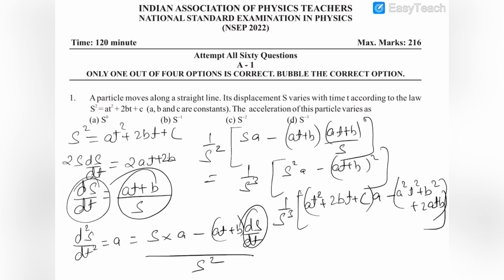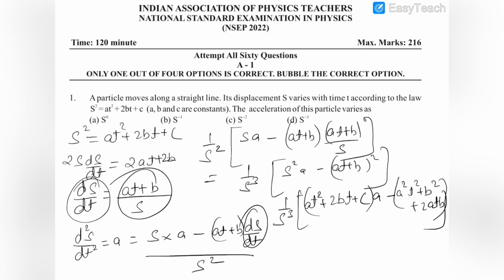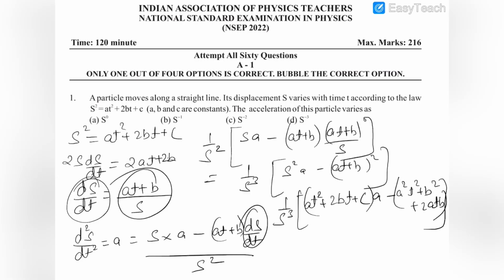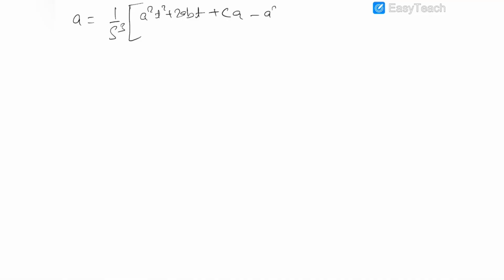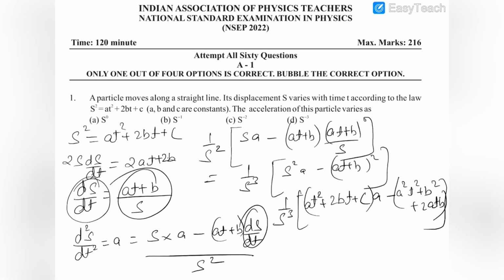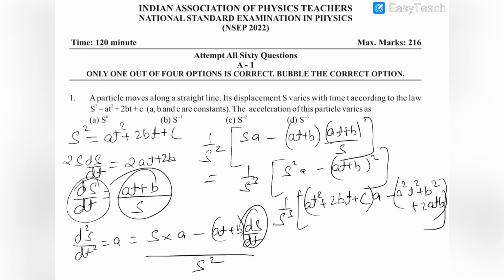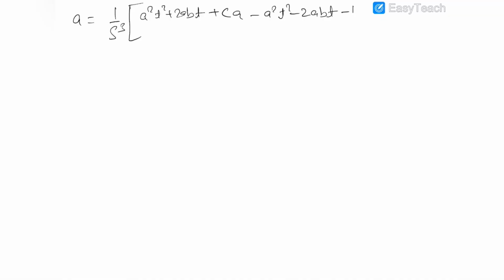Now you can see that this is 1 by S cube into A square T square plus 2ABT plus CA, minus A square T square minus 2ABT minus B square.